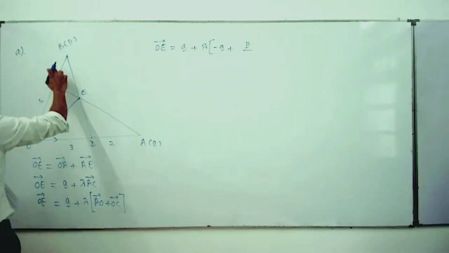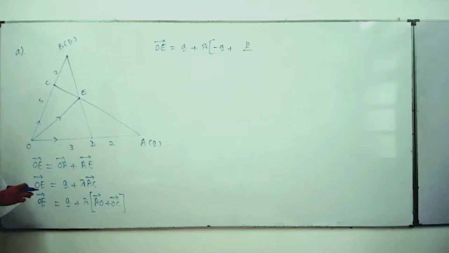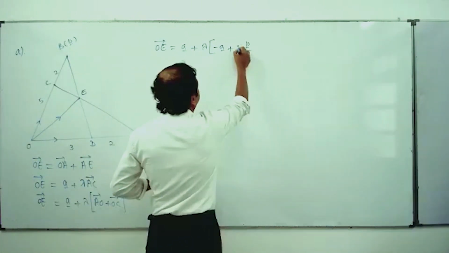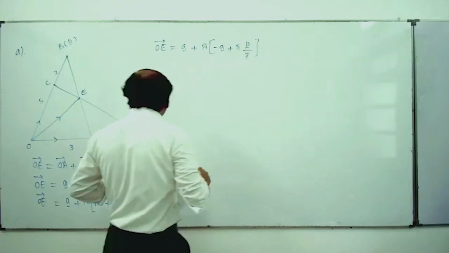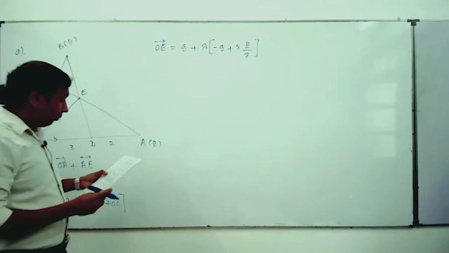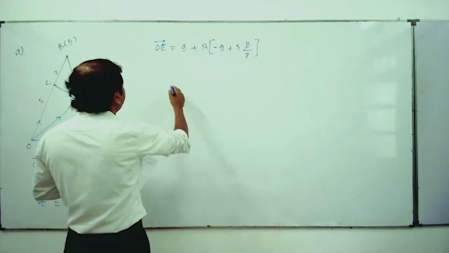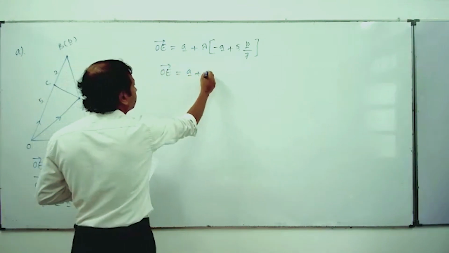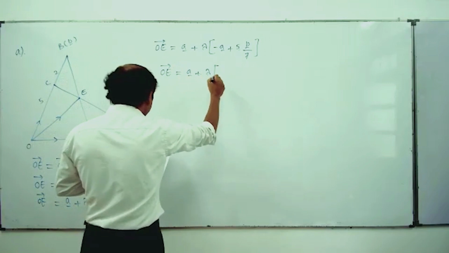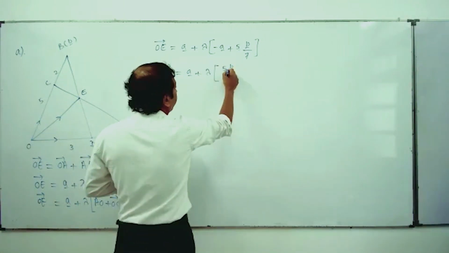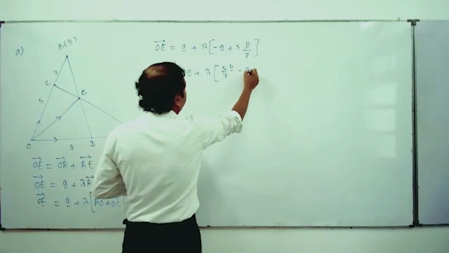If we divide by the sum of these two ratios, 7, and multiply by 5, this way you can write this OC vector. Okay. Then OE vector we get A plus lambda times 5 by 7 vector B minus A.